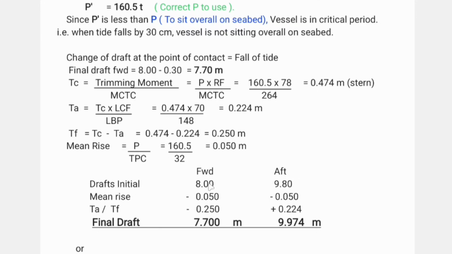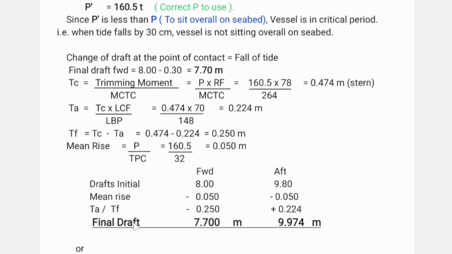Draft initial forward is 8 meter, draft aft is 9.80. With mean rise, this will be minus 0.050, then minus or plus TF and TA. TA we have calculated here is 0.224, TF is 0.250. So forward draft will be reducing, so it will be minus, and aft draft will be increasing, therefore it will be plus.